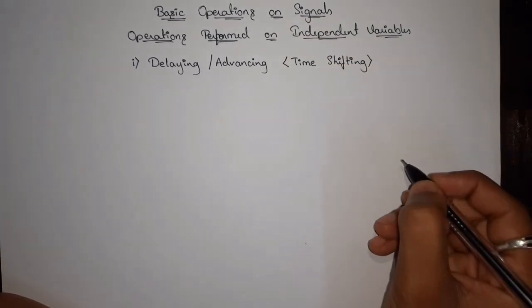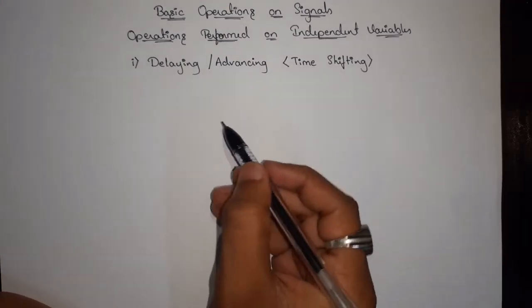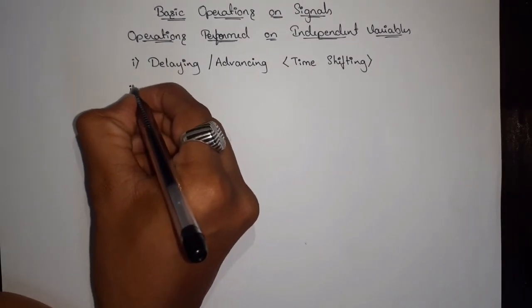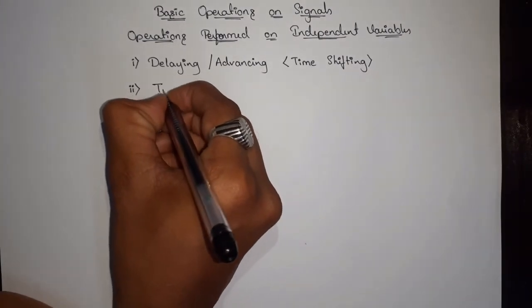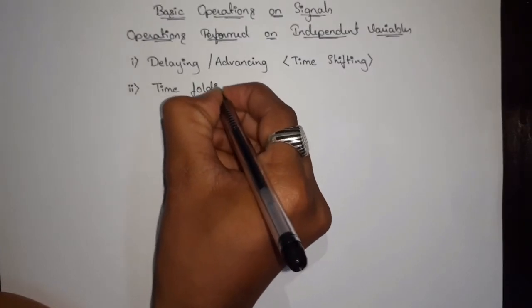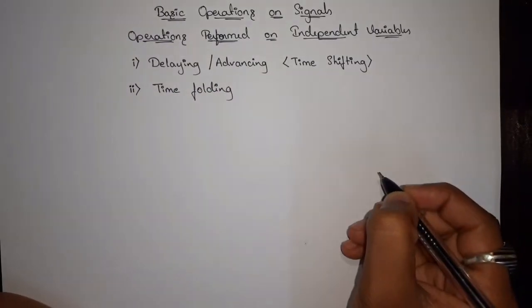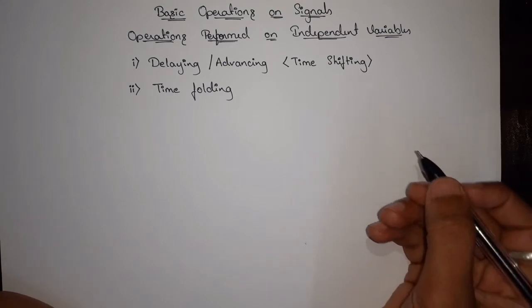We are going to shift the time depending on delaying or advancing. The second operation that we are going to perform on the independent variable is time folding.